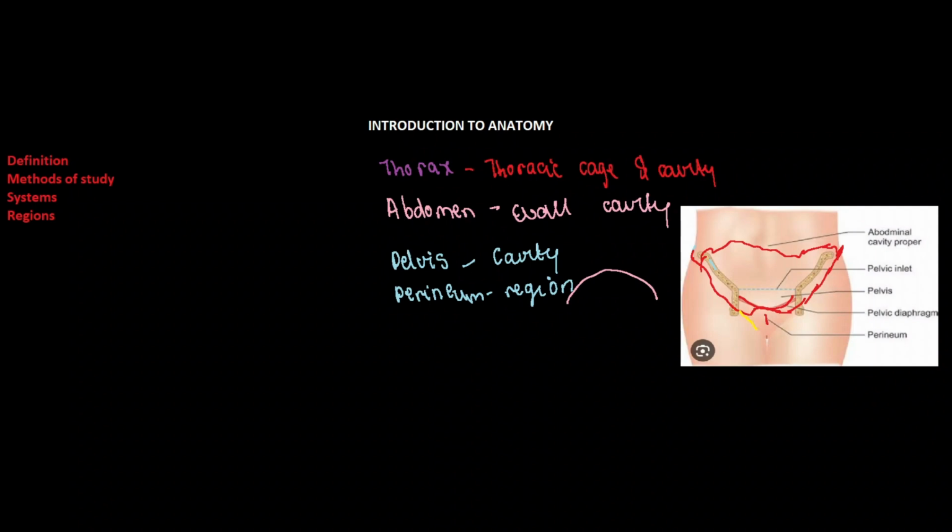The perineum is the area that is between the thighs. The region of the external genitalia and the anus form the perineum, while in the pelvis we have the cavity between the hip bones.